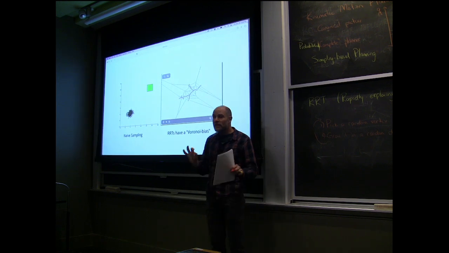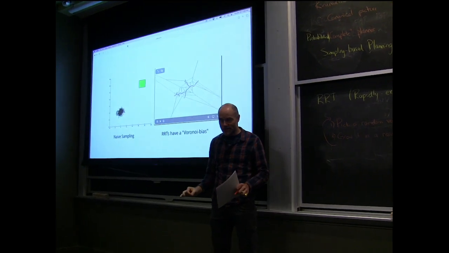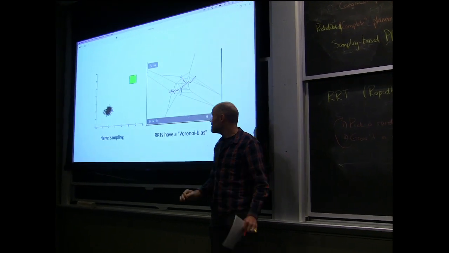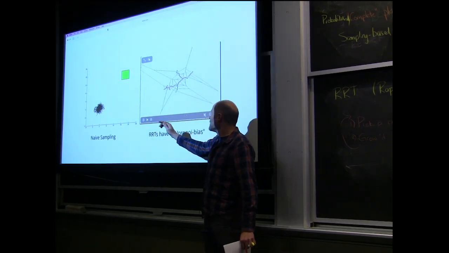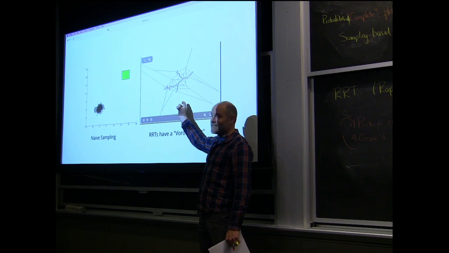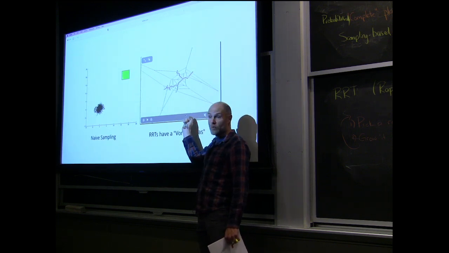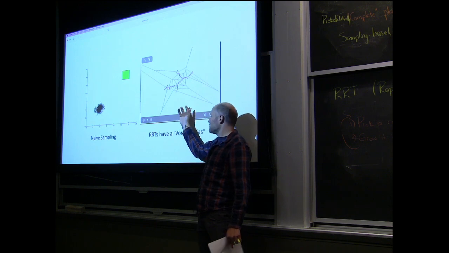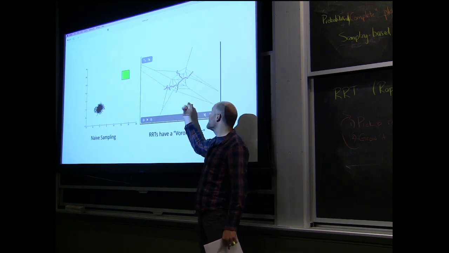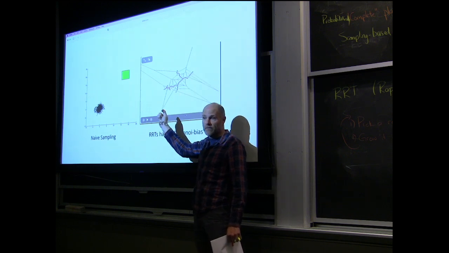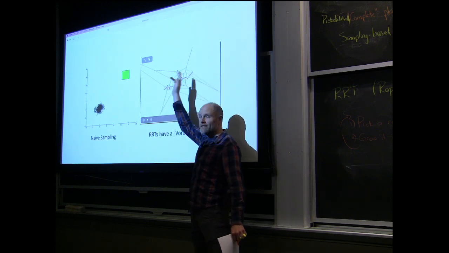Okay, the very simple RRT heuristic has the property that if you sample randomly, on average the chance of sampling in a region is proportional to the volume of that region. So you're going to tend to sample in the large regions. The RRT, by the way, does not compute the Voronoi regions.